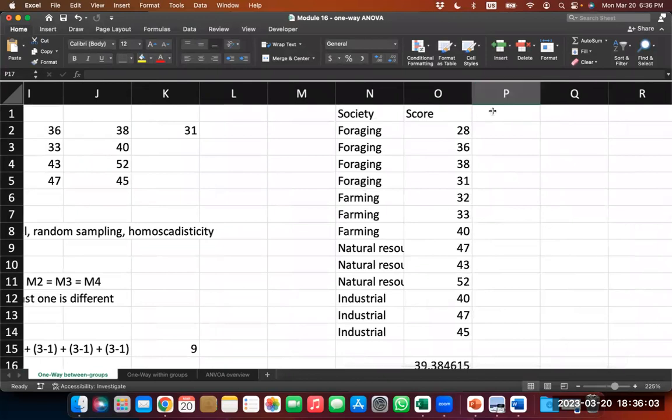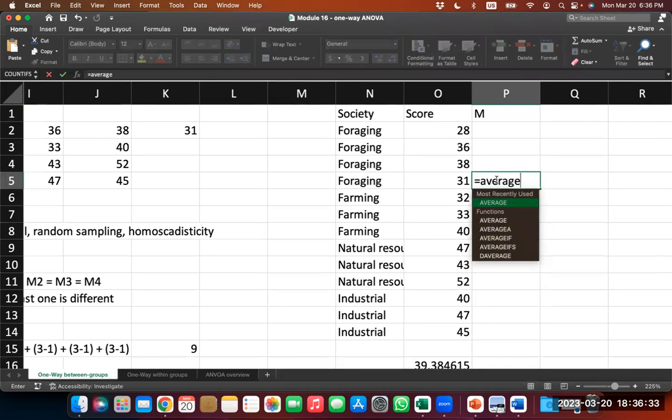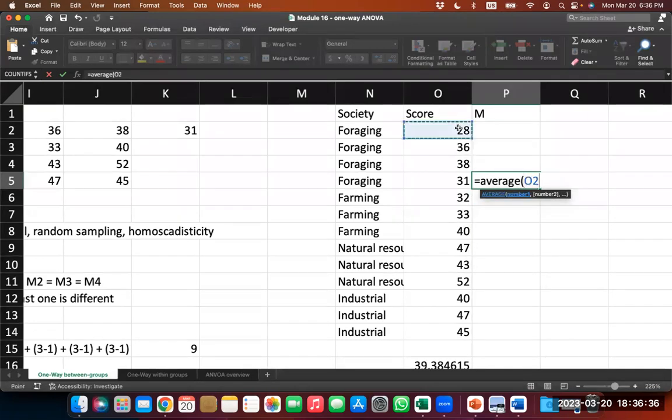Simple, right? The next thing we need, and that's a little trick here, is the so-called group mean. We need the group mean because we also want to quantify the variability within. So we need to calculate the group mean for each of these entries for the group they're in. And that's a little annoying, that's the most annoying thing. We calculate the average for all these 4 entries for foraging.